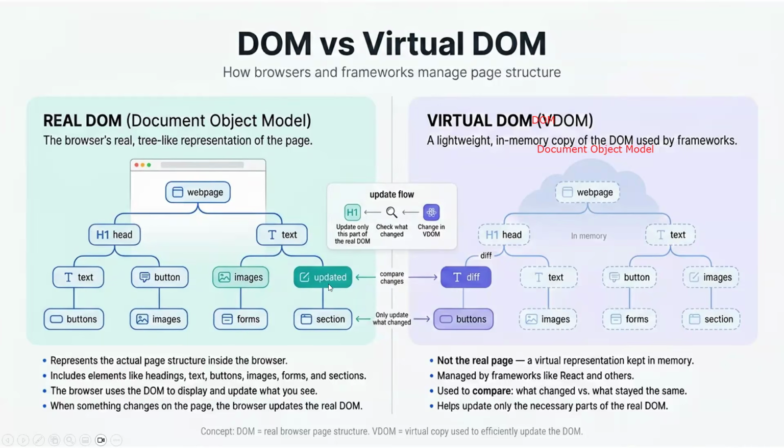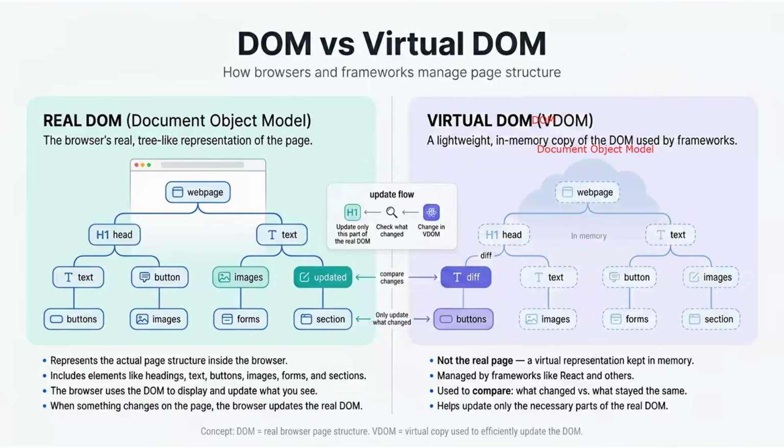Let's say I'm pressing a button over here. Sometimes the button itself will change colors, or if I keep my cursor on top of it, the UI changes. So the DOM actually represents how the page structure looks inside the browser, right? What are the elements it contains? I can use JavaScript to interact with the DOM.